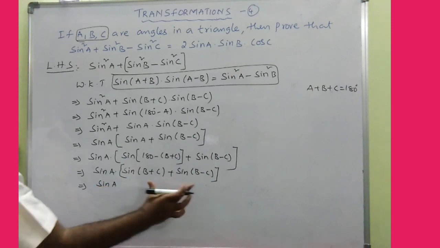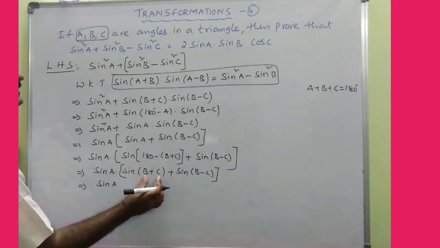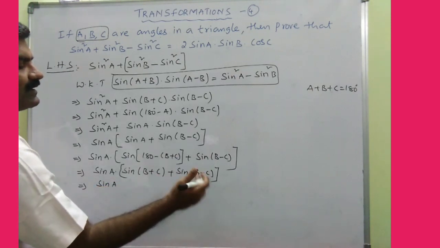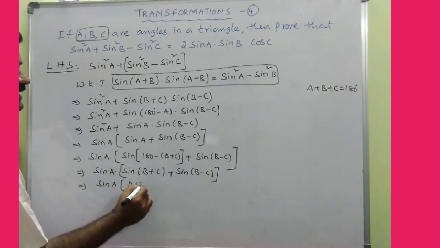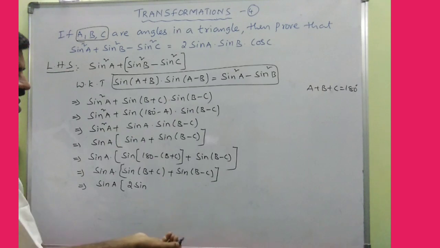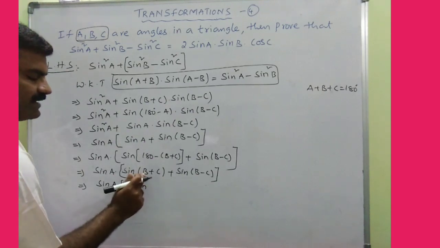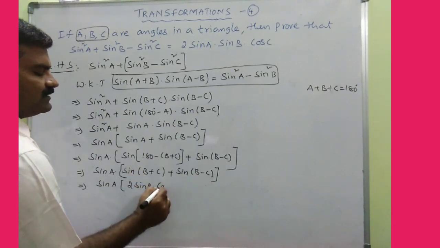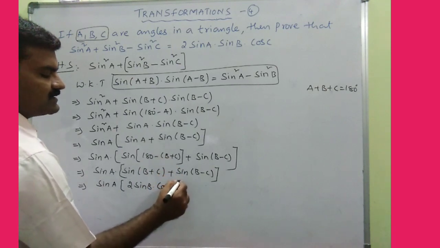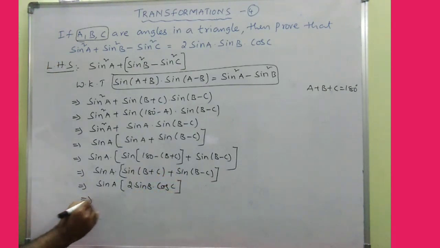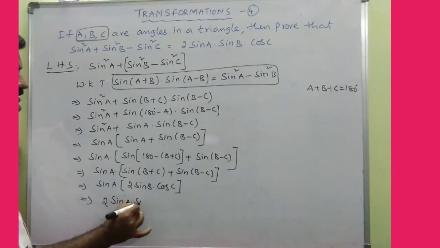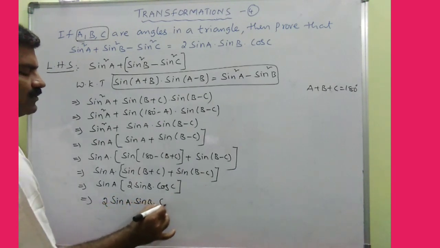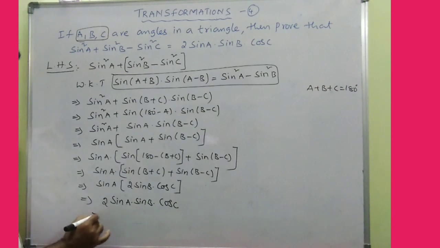Look at the terms in the bracket. Just like sine of A plus B plus sine of A minus B, which is equal to 2 sine A into cos B. So here it's 2 sine A, first angle is B, into cos of the second angle C. So if you multiply these two now, 2 into sine A into sine B into cos C, which is the RHS.